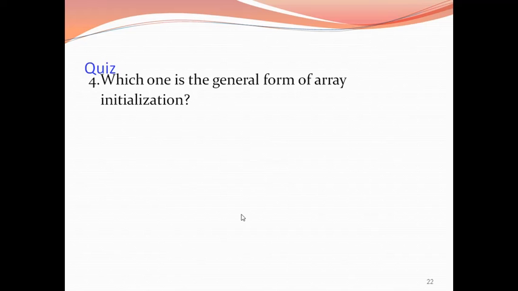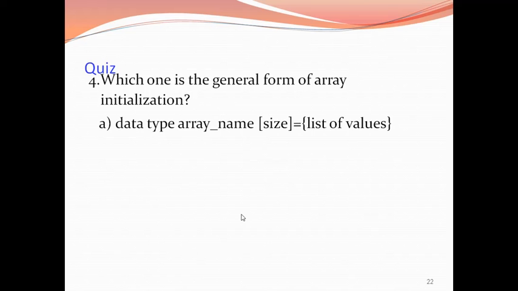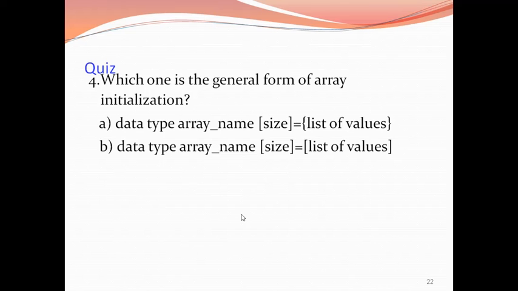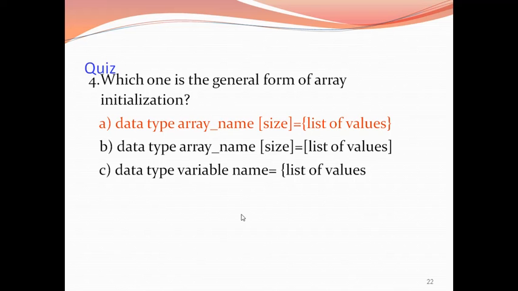Which one is the general form of an array initialization? Option A, data type, array name, size is equal to list of values. Option B, data type, array name, size is equal to list of values. Option C, data type, variable name is equal to list of values. In the first option, the list of values is written in curly braces.